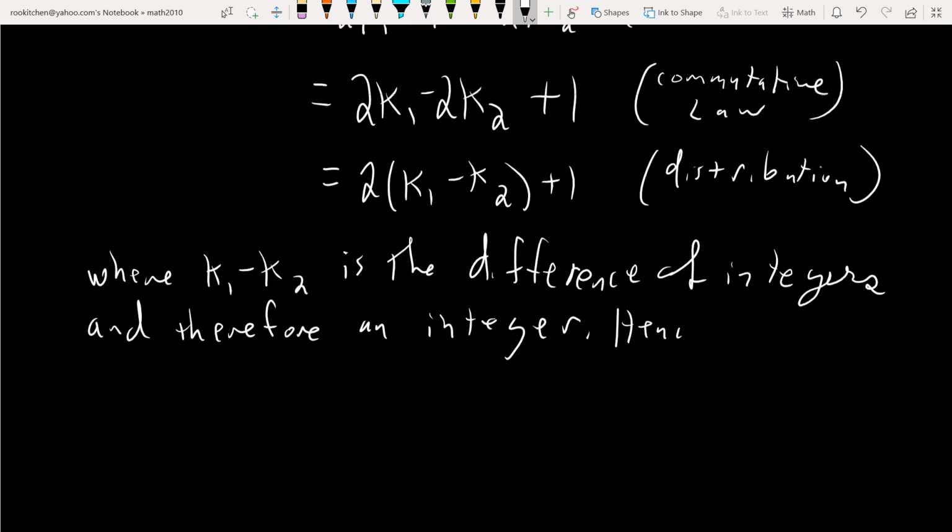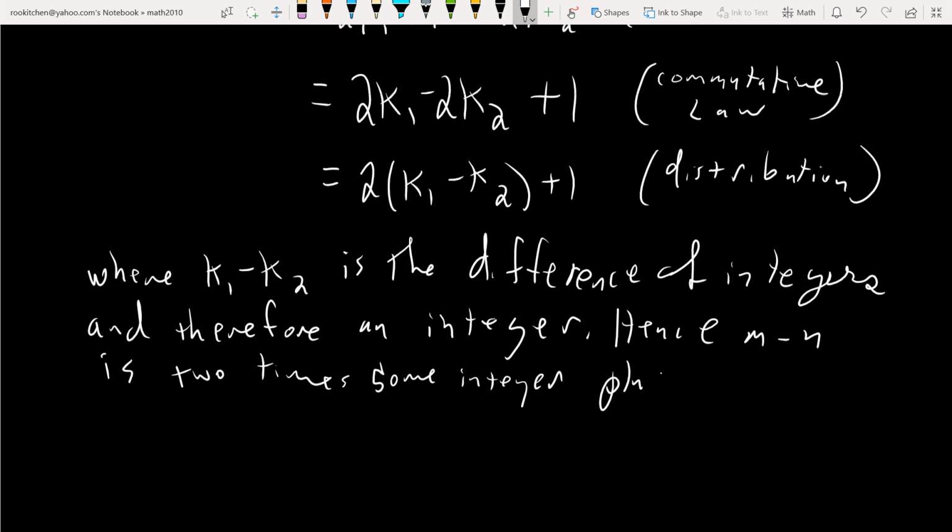Hence, m minus n is 2 times some integer plus 1. And is therefore odd by definition.